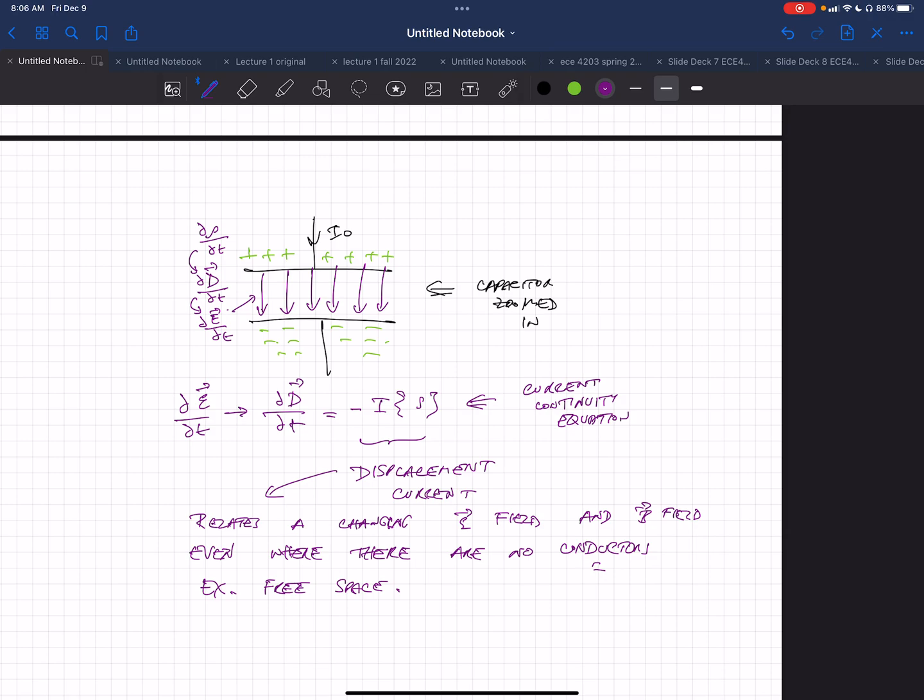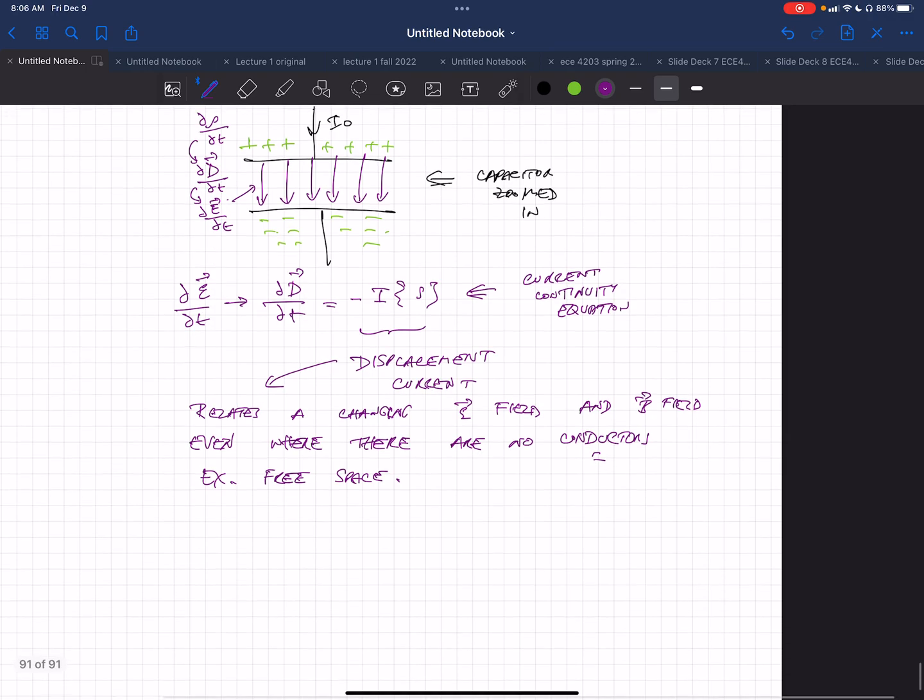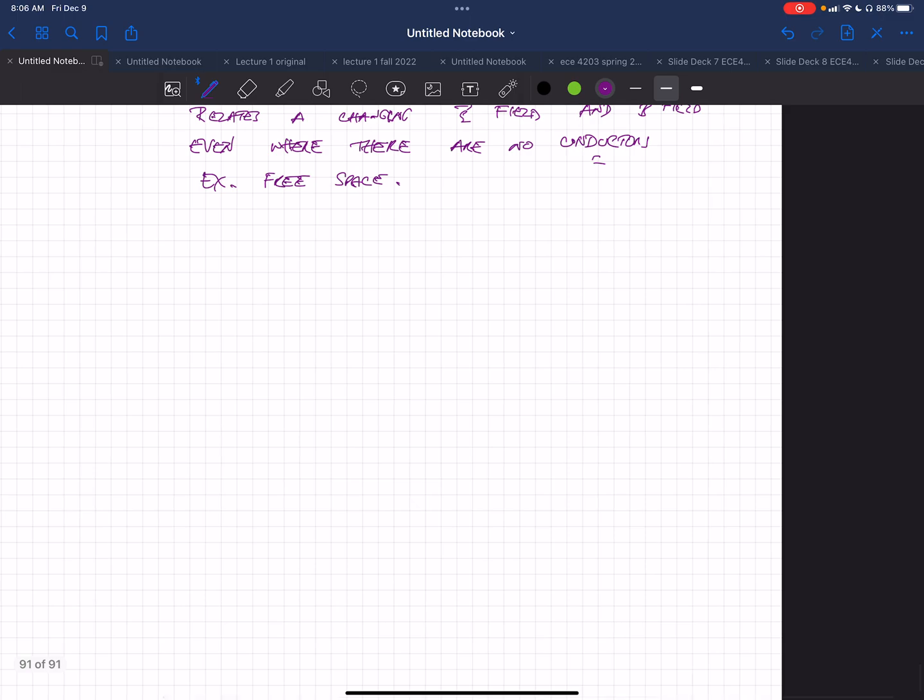So if we add this to our final form of Maxwell's equations, we end up with the following.